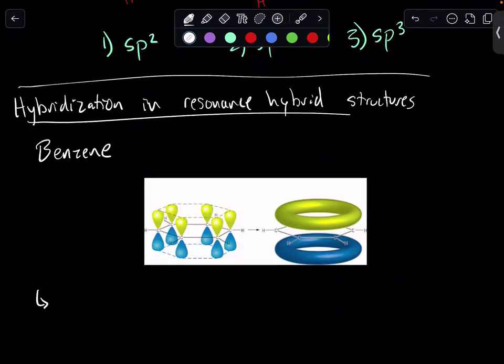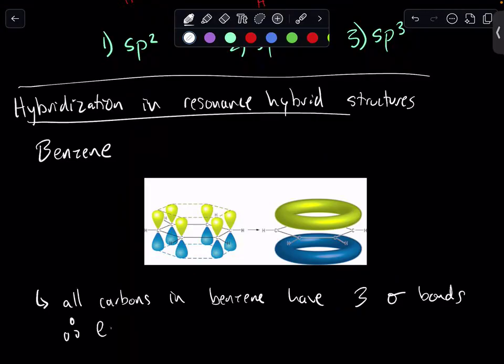And so what we can do is we can notice that all carbons in benzene have 3 sigma bonds, which means those are going to have to come from hybrid orbitals. Therefore, each carbon has sp2 hybridization.